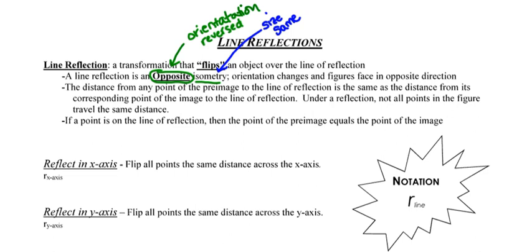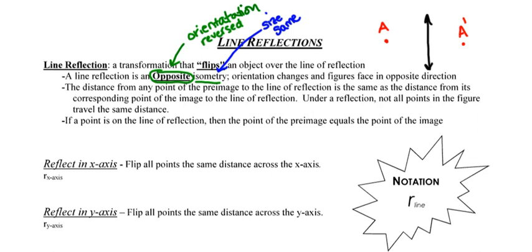For instance, if this is my line of reflection, and I want to measure the distance from this point that I'm going to reflect across the line, the distance from that point to the line of reflection is going to be the same as the distance from the line of reflection to its image, which I would call A prime. So in other words, you might say that the line of reflection is the perpendicular bisector of the segment that connects its point and its image.